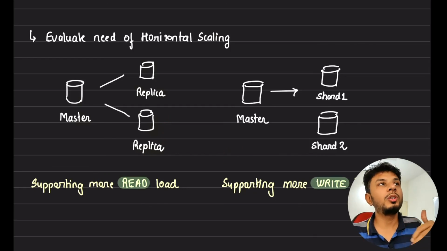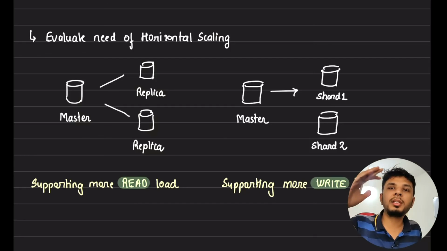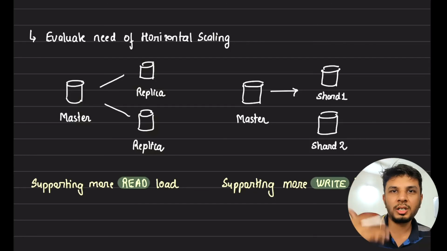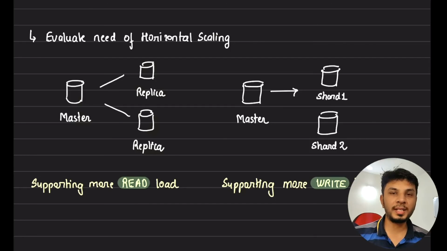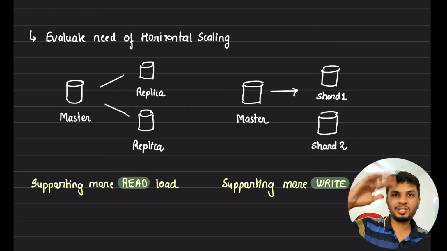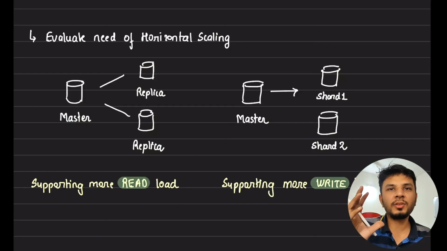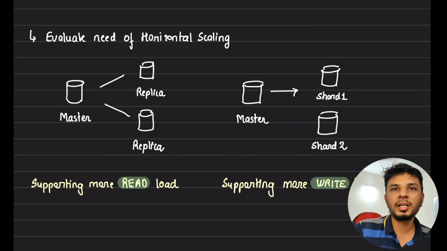But let's say you have a large write load and you already had read replicas to serve reads. To support more writes, it's not possible to go beyond a certain hardware size of your master. That's where you might want to partition or shard your database and create two mutually exclusive sets of shards to support more write load, such that every request for a particular set of users always goes to a particular shard.